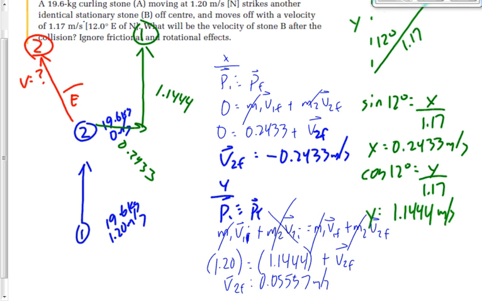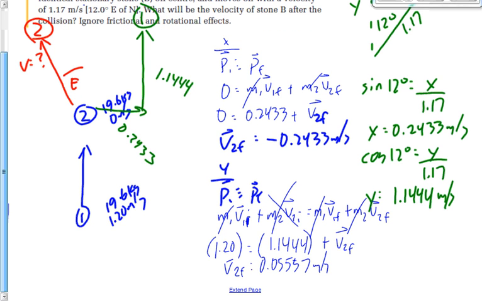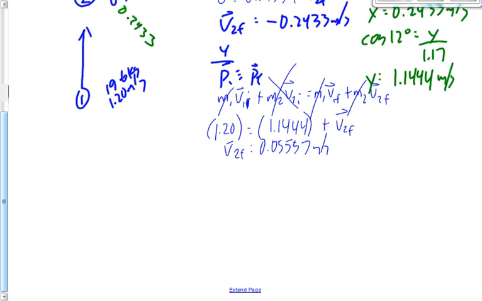Okay, so let's redraw it. This is what we've done a dozen times before already. We've got an x component that is to the left, 0.2433. We've got a y component that's up, 0.05557. We draw the resultant vector in there, the angle in there, and then we do our thing. What is our thing?